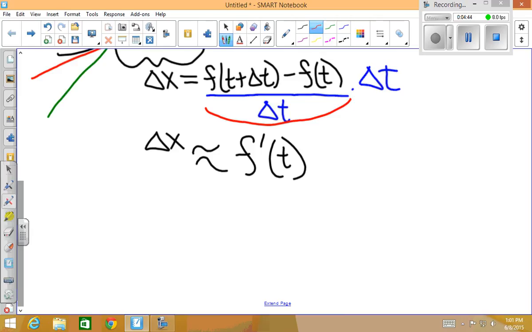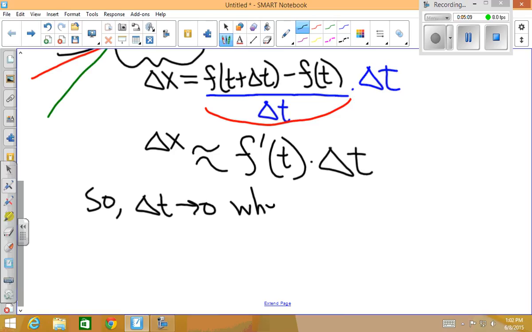We would take the limit as delta t goes to 0, and that would give us the exact derivative. At this point, however, we're not taking that limit. So delta x is approximately equal to the derivative of f at t times delta t. Notice that this tells us that delta t gets closer to 0 as delta x gets closer to 0.